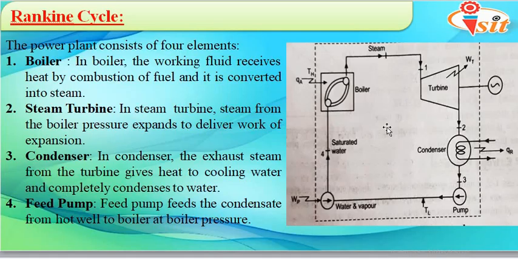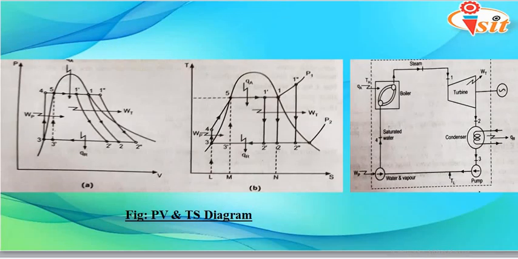To understand these four processes, we are also going to refer to the PV and TS diagrams, which will help us understand how the process changes from one component to the other, and what is actually happening in each process.